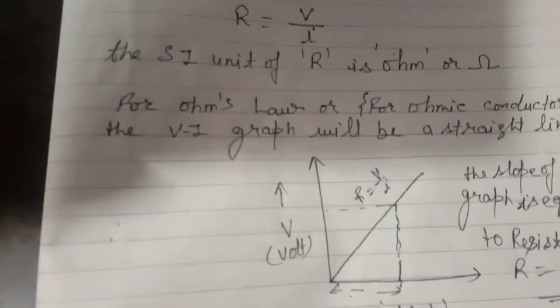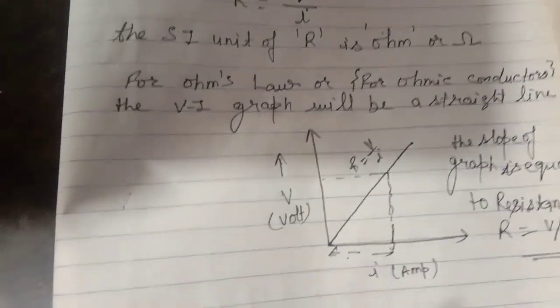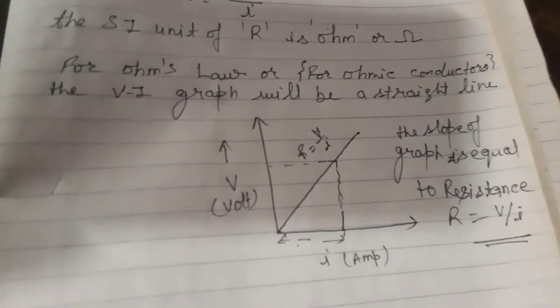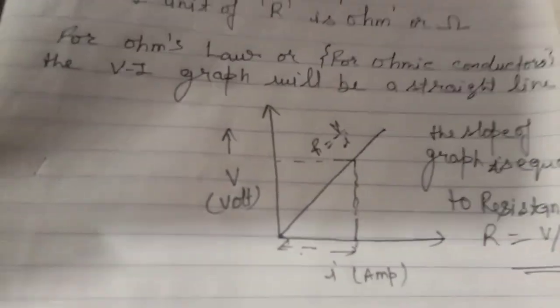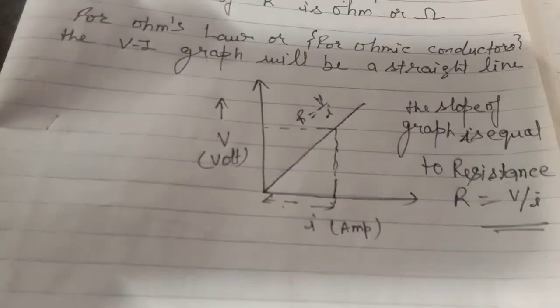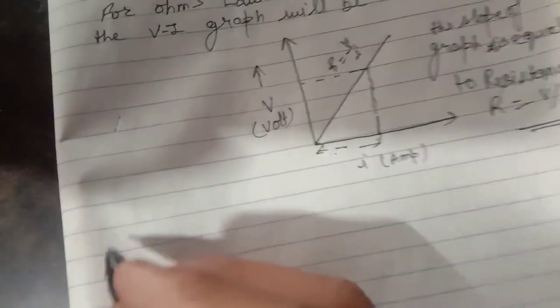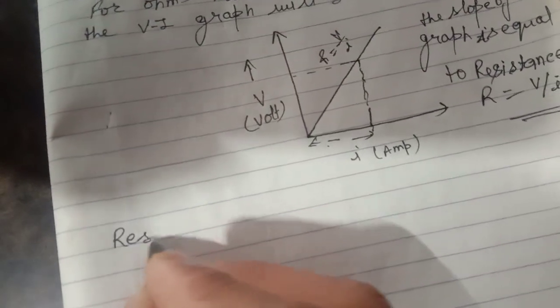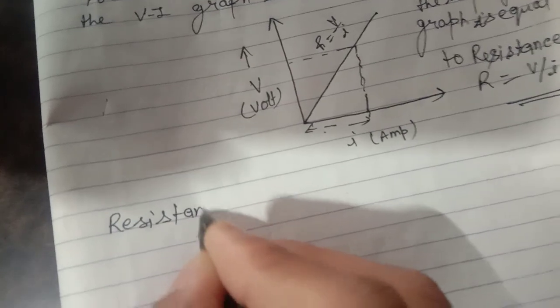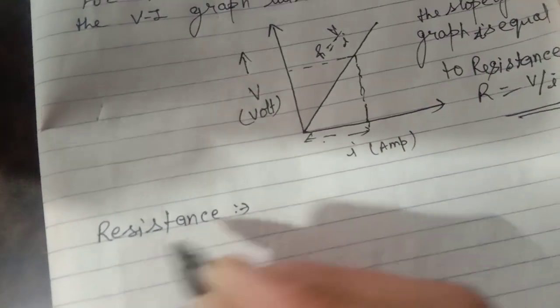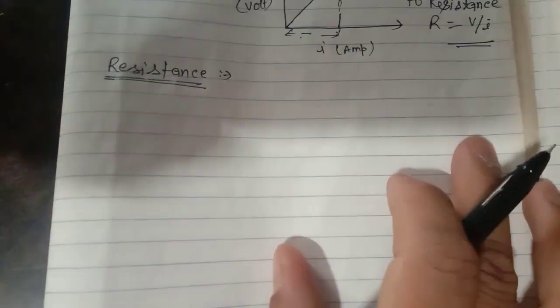Now, resistance. Resistance plays a very important role in current electricity, because without knowing resistance, you can't do any problem regarding this chapter. What is resistance?